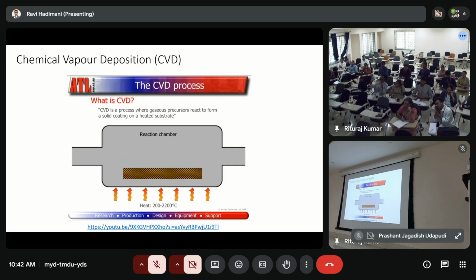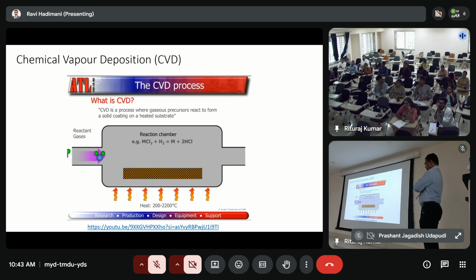Once the component reaches the desired temperature, we introduce a controlled flow of mixed reactant gases into the reaction chamber. In this example, we will show a metal being deposited from a metal chloride gas. The first gas is the metal chloride.